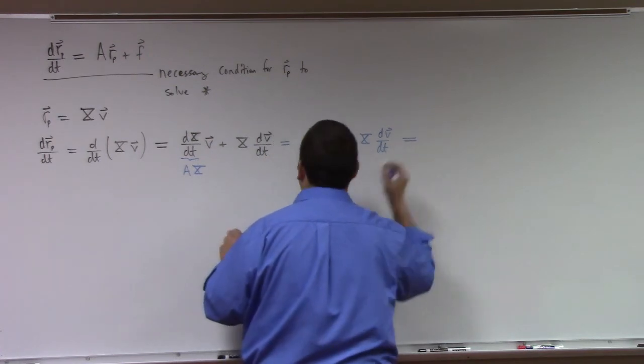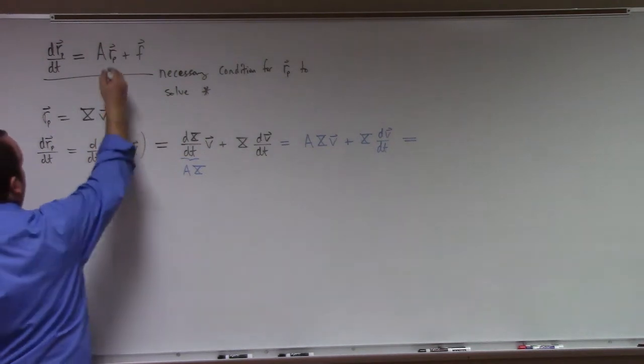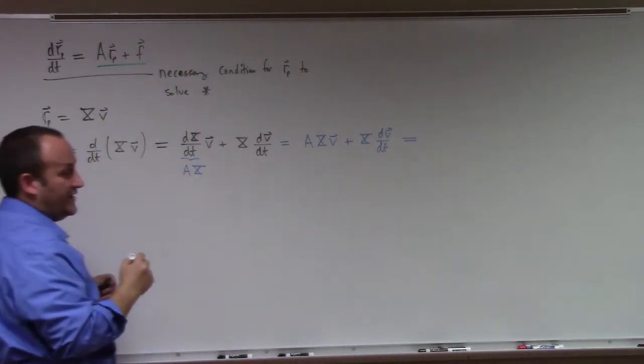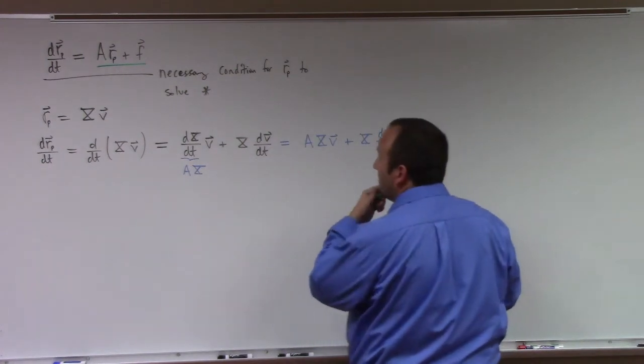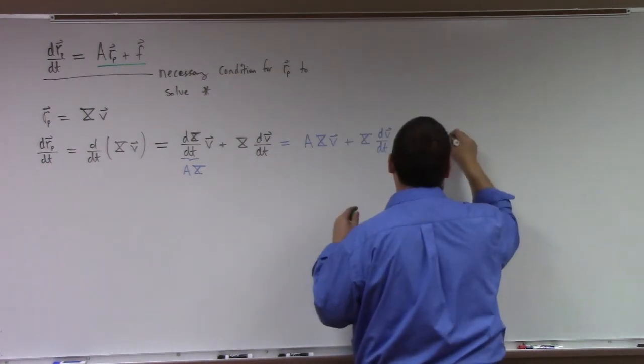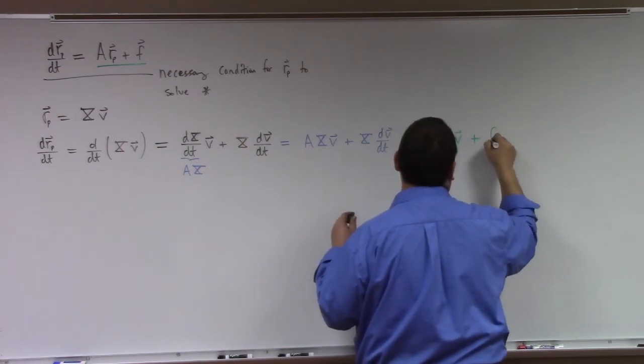And what's this supposed to be equal to? Remember, we're trying to make it equal to that. So what's that? That's A times what? xv, right? Plus f.